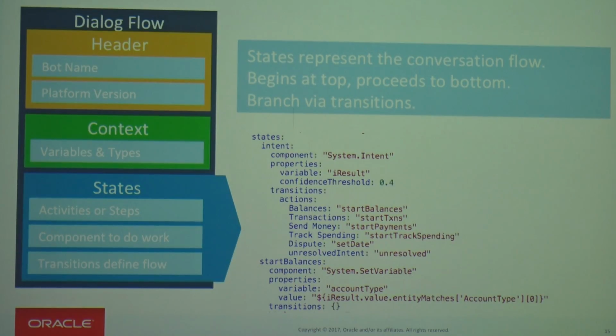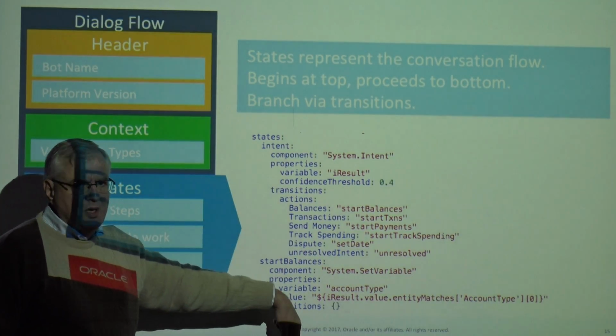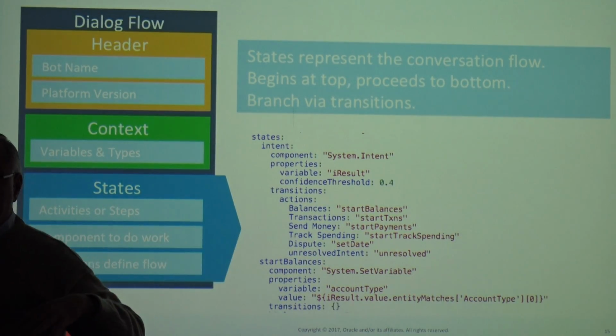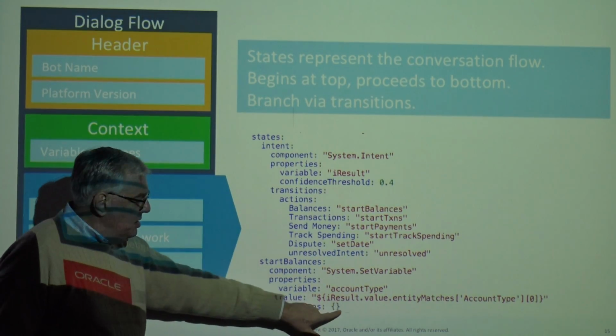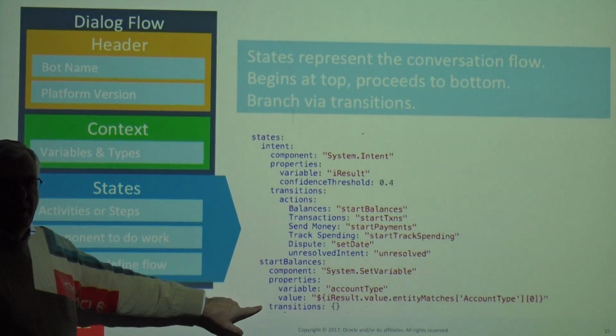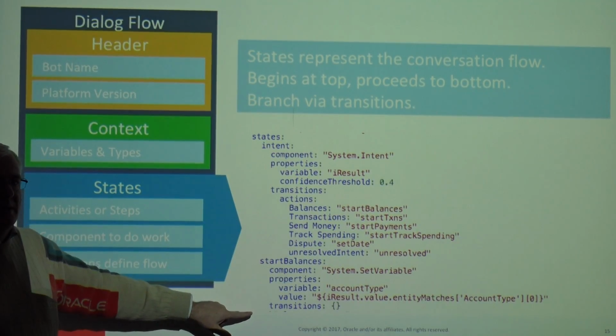So as I said, the states represent this conversation flow. Now by default, it's top down. So if I put no transitions in there, it will do state A, state B, state C. However, I can also define a transition. And a transition, think of it as a go-to label.